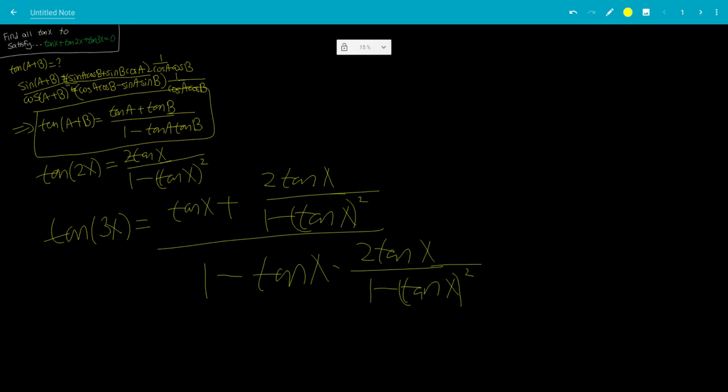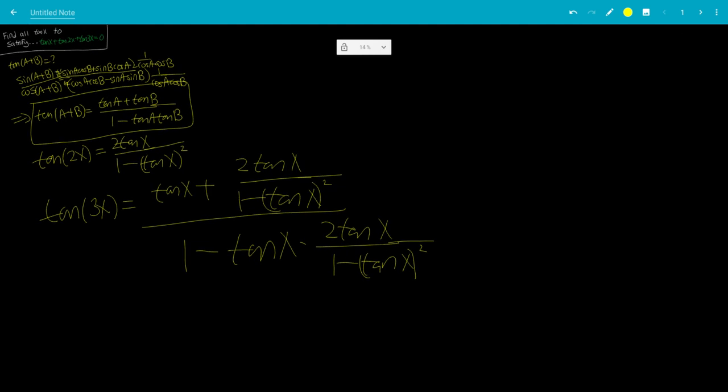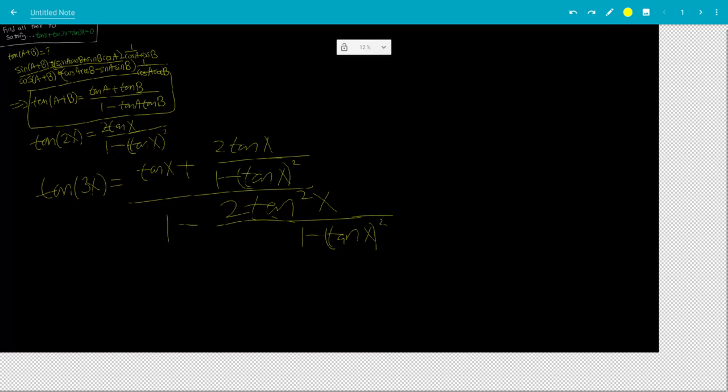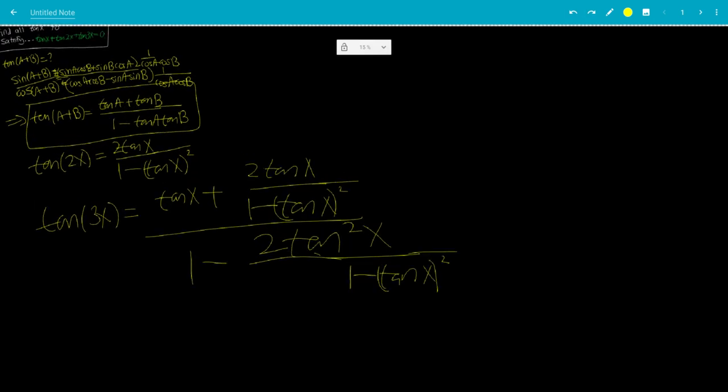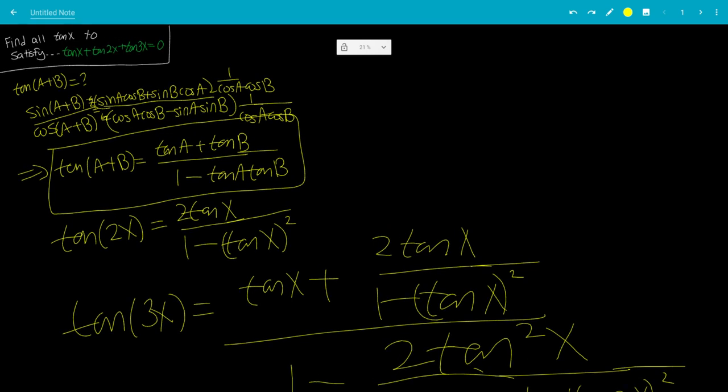Okay, good. And then now we know that 2 tangent x times tangent x is just 2 tangent squared x. So let's actually first plug this back into the original, which is tangent x plus tangent 2x plus tangent 3x equals 0.